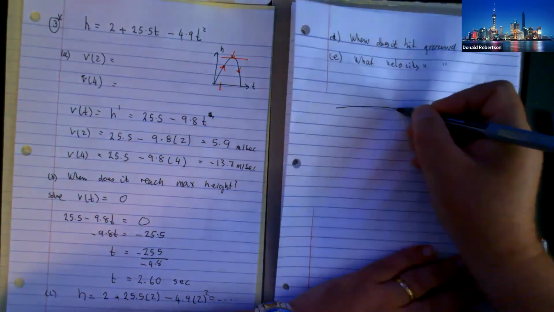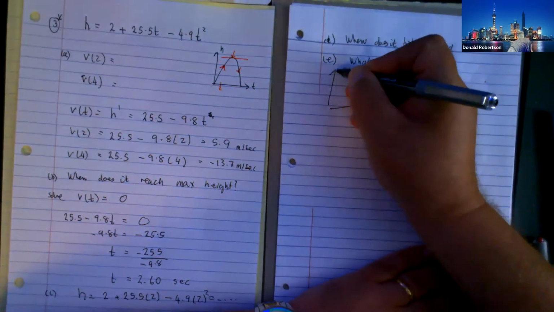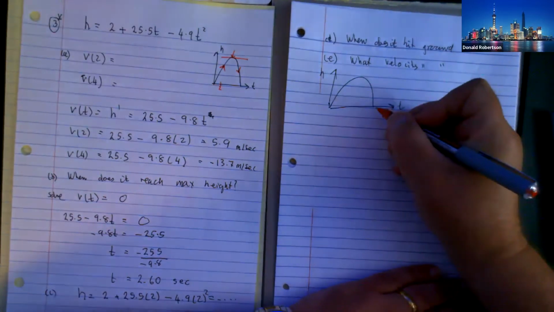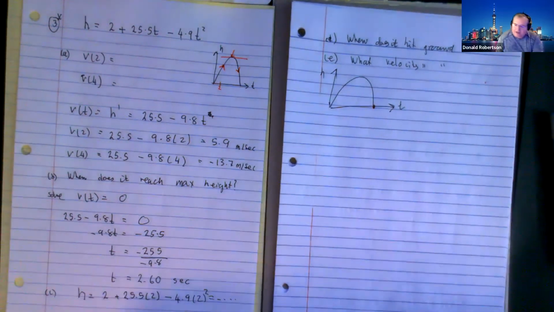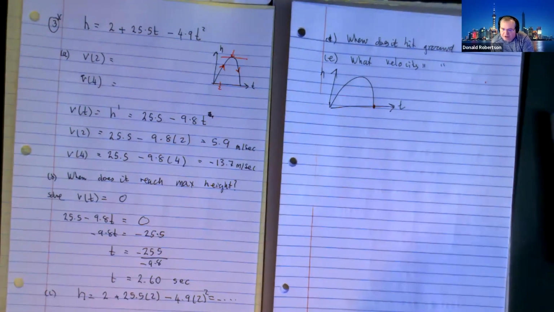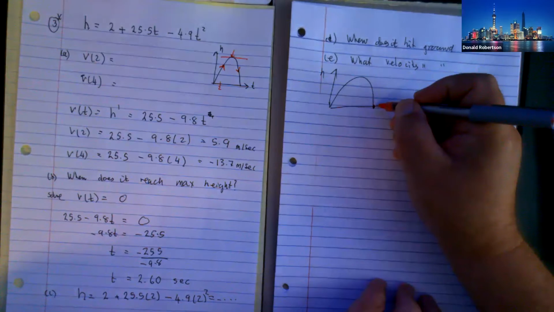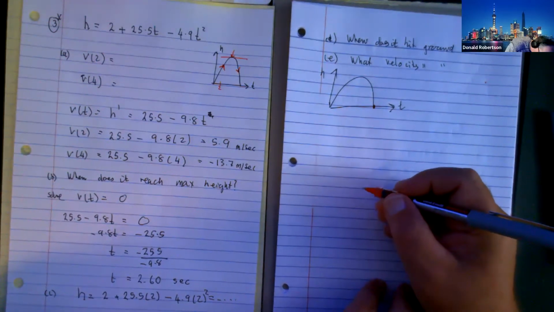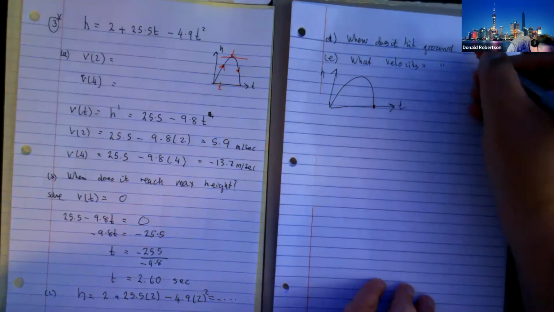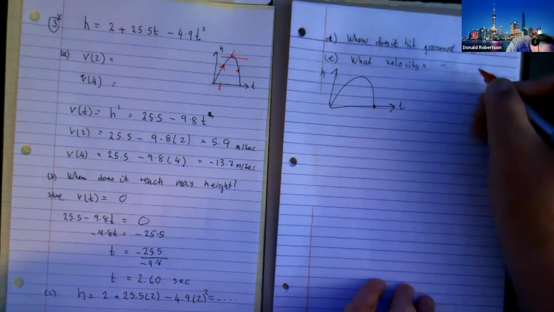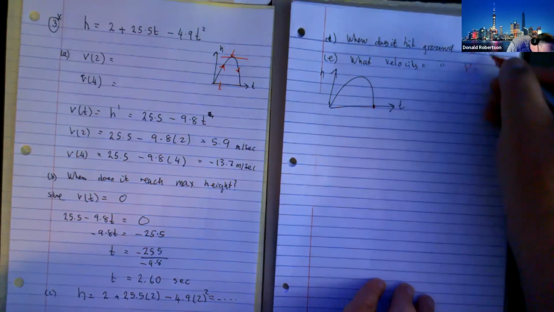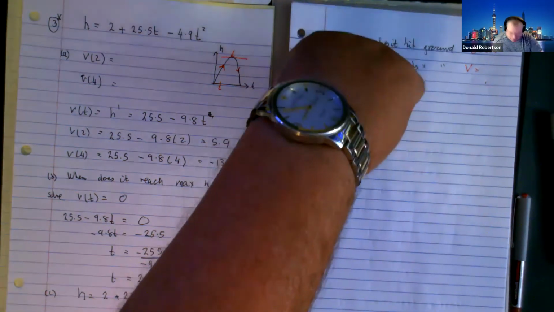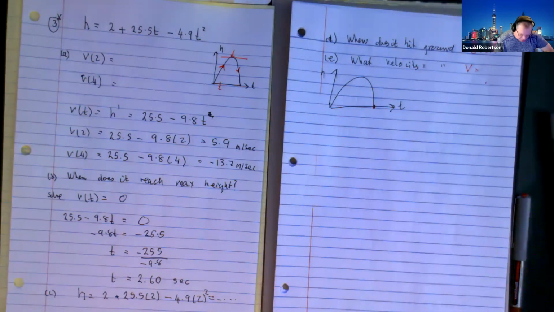So my little crude picture looks like that. And we are interested in there, right? How many seconds is that? And once we figure that t out, which is going to have to be rounded off to 2 decimal places as well, then won't we just find, let's say t equals something, the velocity at that value of t? And I'm pretty sure it would be negative when it does hit the ground.